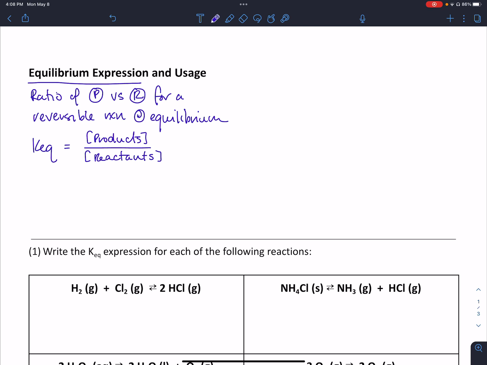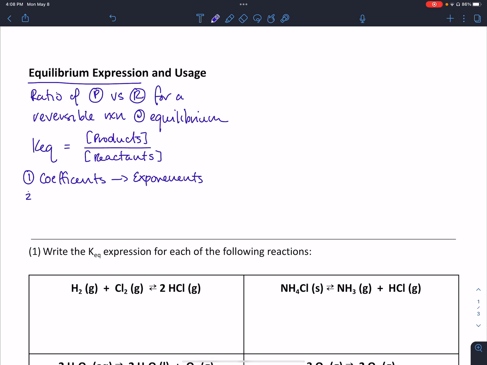Now, there are a couple requirements when we put together this equilibrium expression. One, any coefficients from our balanced reaction become exponents in our Keq expression. So if we've got a coefficient of 2 in front of, say, hydrogen gas, then it becomes a square in our Keq expression.